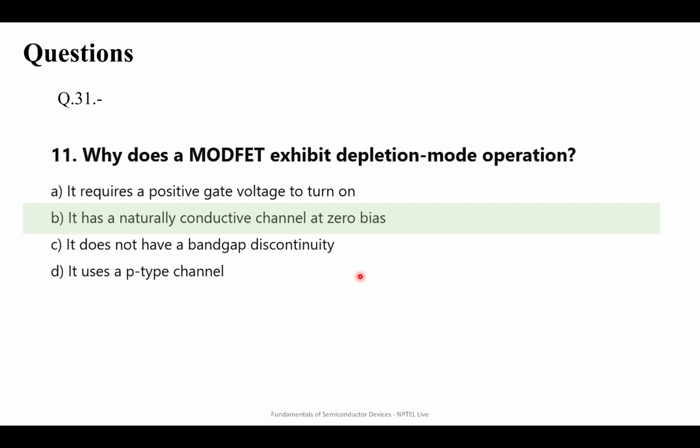So if you want to turn off this channel, you have to give a negative bias so that the Fermi level goes below the potential barrier, and your channel is then depleted. There are no free electrons in the channel. So this is depletion mode.